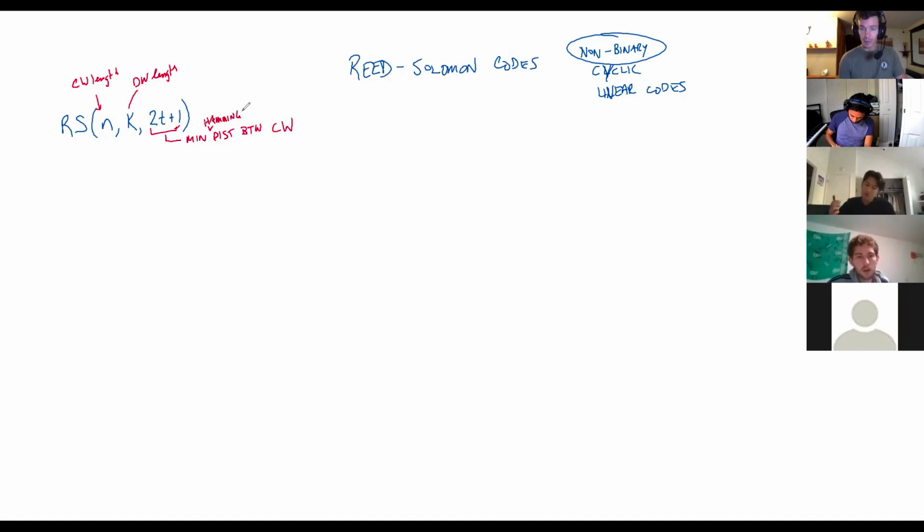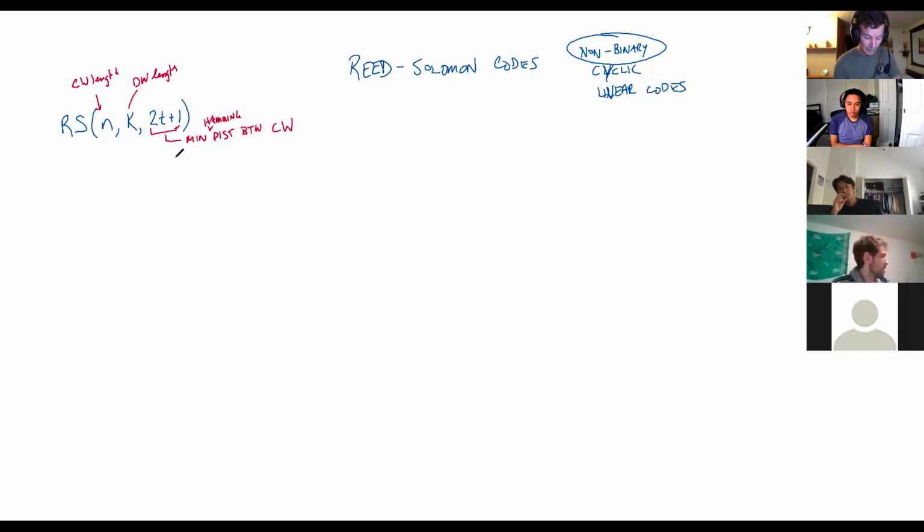So a quick callback: if I'm told that the minimum distance between any two code words is 2t plus 1, that means that I can draw a Hamming sphere of radius t around every code word, and I'm guaranteed to not intersect anyone else's Hamming sphere. Which means that in a bubble of radius t around every code word is a unique mapping back to the closest, quote unquote, closest Hamming distance code word.